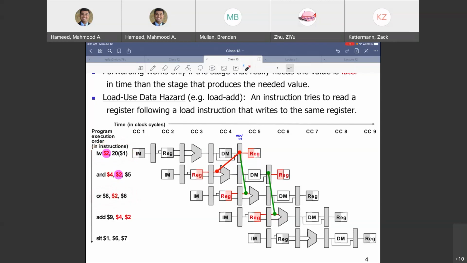Can you solve this with forwarding? Sure. You have things ready over here. You need them over here. So you forward, indicated by the green line. You're good. So what kind of forwarding is that?